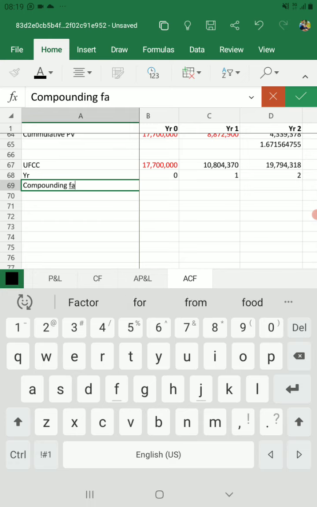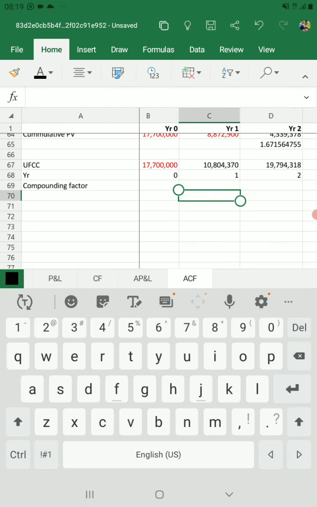Compounding factor. To compound our expected future cash flows to establish the future value at the end of the period. So for year 1, let me put the formula there.